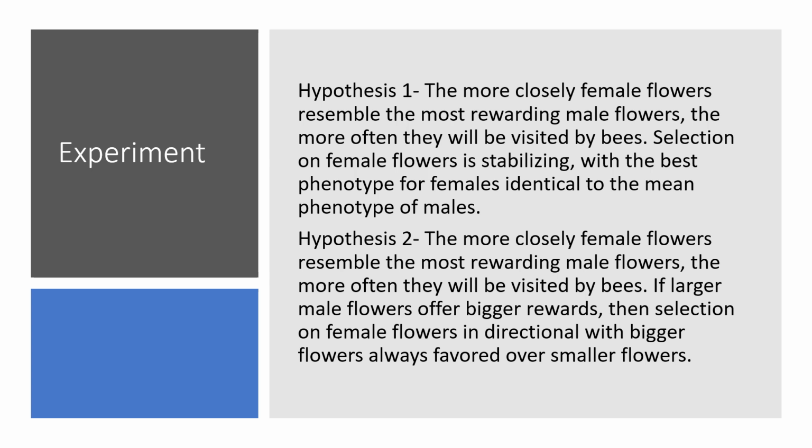Their second hypothesis was the more closely female flowers resemble the most rewarding male flowers, the more often they will be visited by bees. If larger male flowers offer bigger rewards, then selection on female flowers is directional, with bigger flowers also favored over smaller flowers.